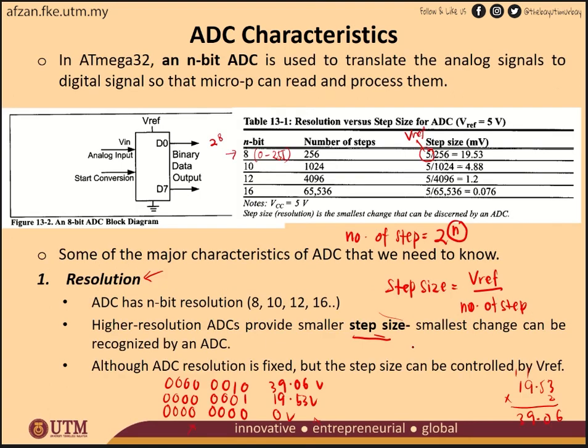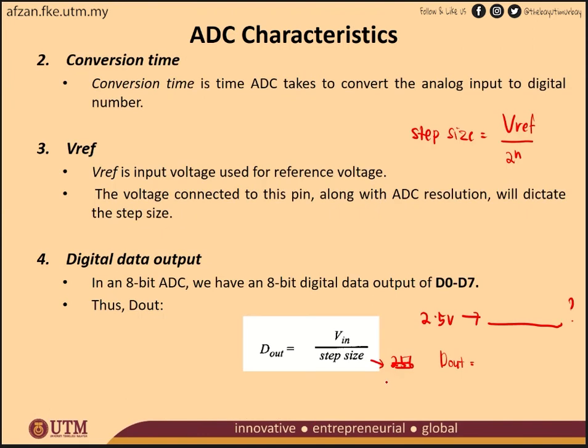We go back: 19.53 millivolt is the step size. So 2.5 divided by 19.53, so we get the result.